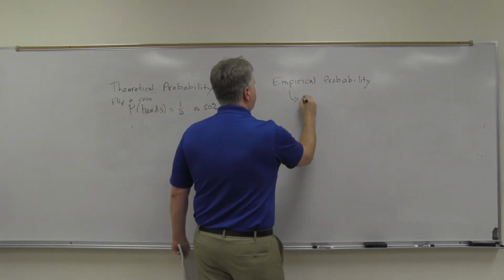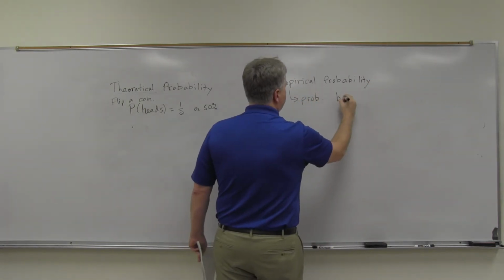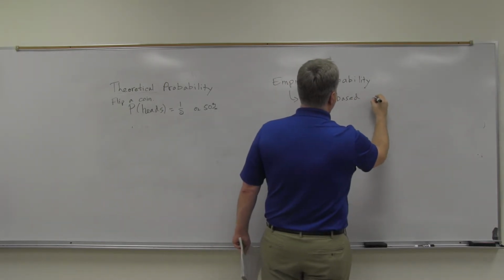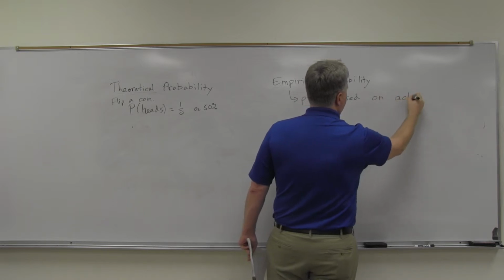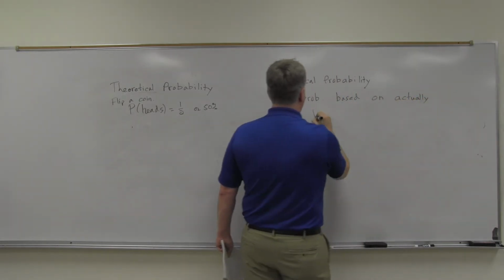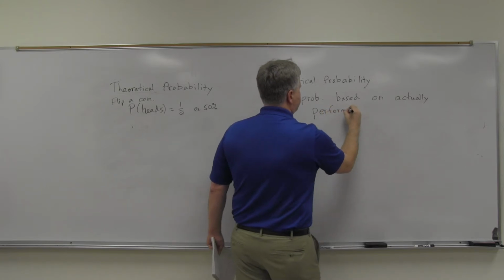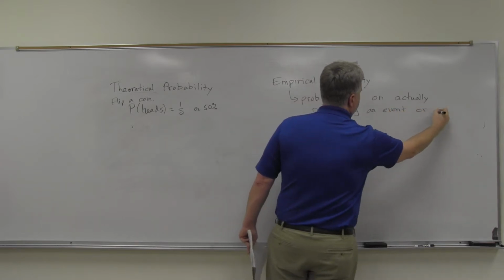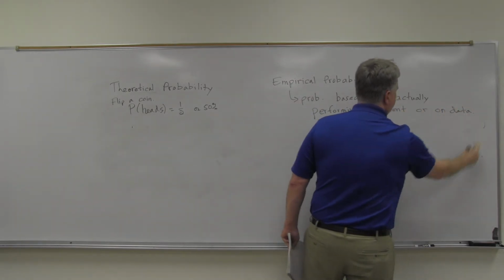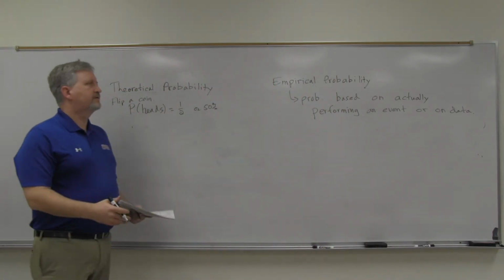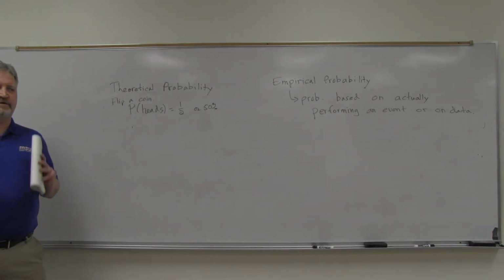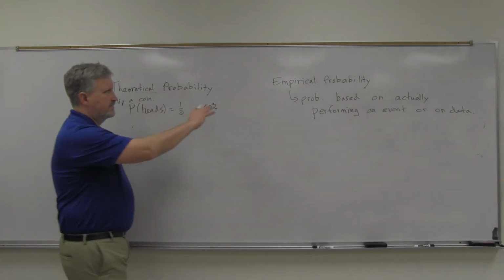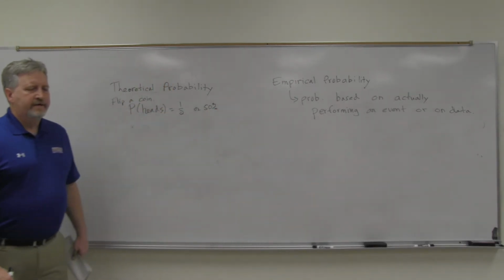All right, so that's a probability based on data or performing the event, or on data, like I said, I think one of them in the book has it based on some data. That's an empirical probability because it's based on actually doing something. Empirical, kind of tied in with experiment.